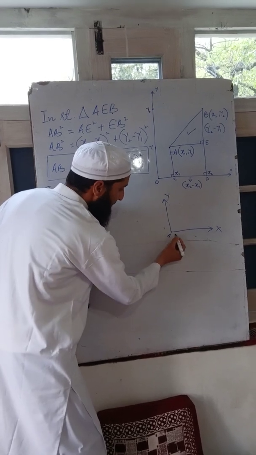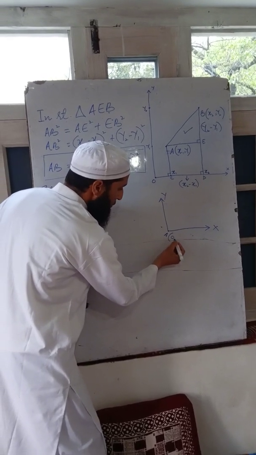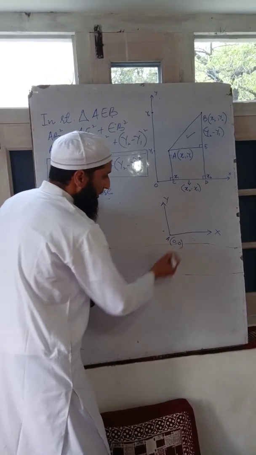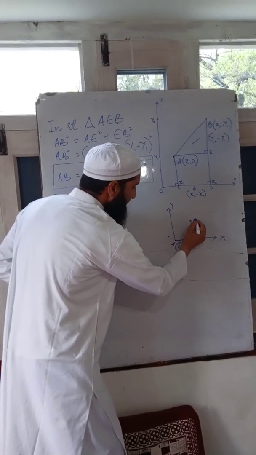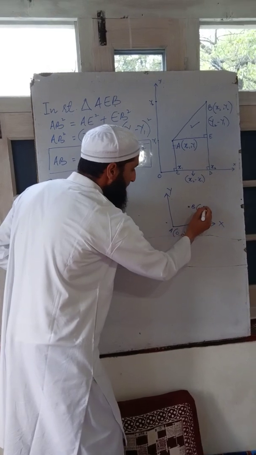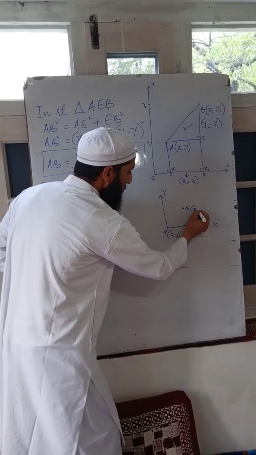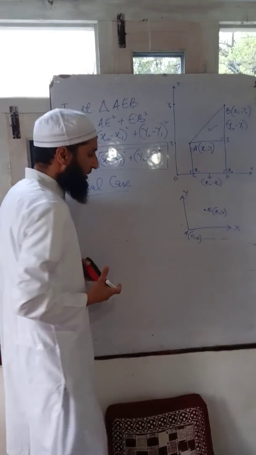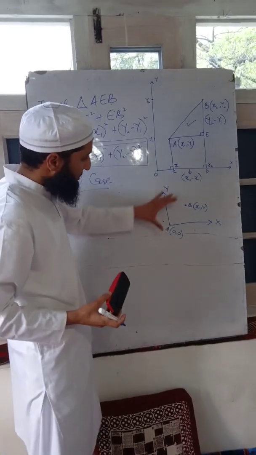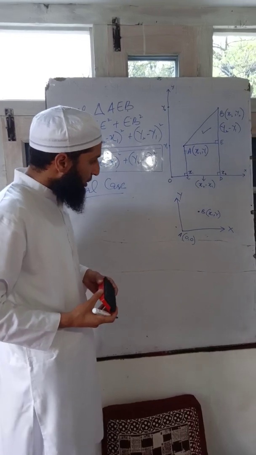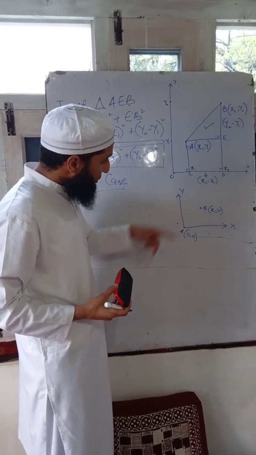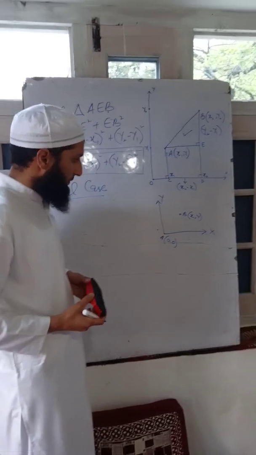Now we know that the coordinates of origin are 0, 0. And let B be here. And the coordinates of B be x, y. Now we need to find the distance between A and B. In other words, we can say we need to find the distance of B from origin.